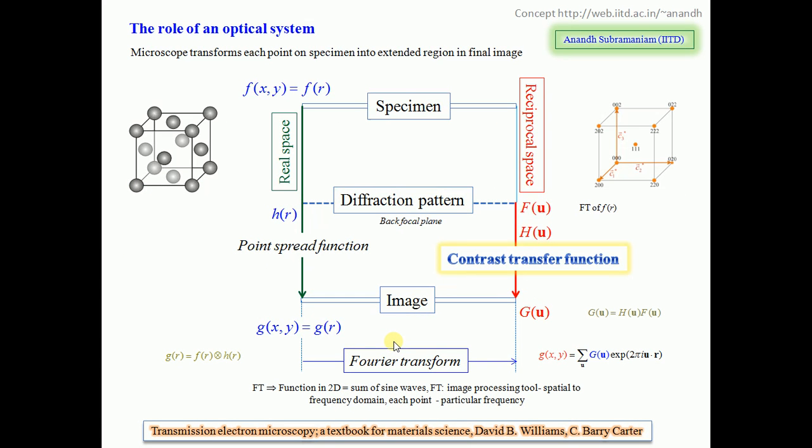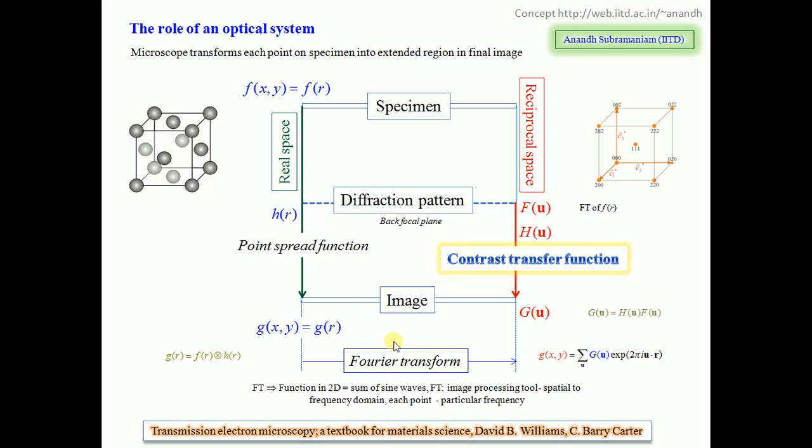For that, we need to study some mathematical concepts, particularly the Fourier transform. We change from the spatial domain to the frequency domain in the Fourier transform, and the signal in the Fourier transform can be written as a sum of many sine waves.